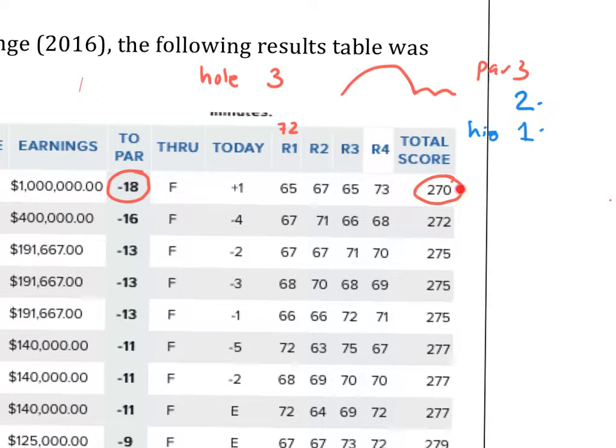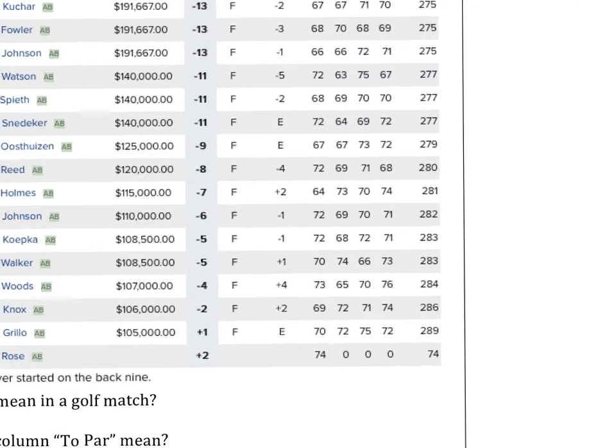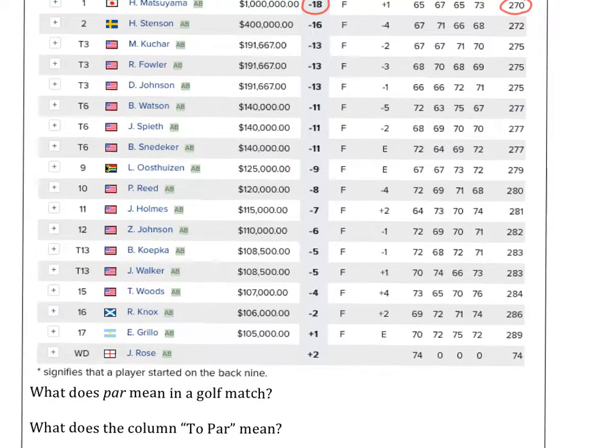So instead of saying the score is 270, we say he's 18 better than we expected. This guy, 16 under, 13 under, et cetera. And even way down here at the bottom, notice that they still earn money. He's above par by 1, just by 1, and he still made $105,000 for swinging.